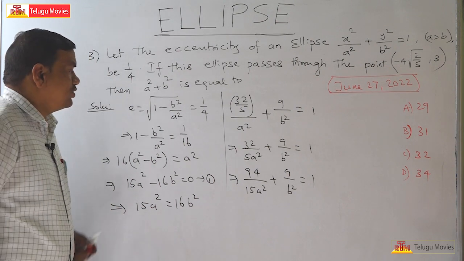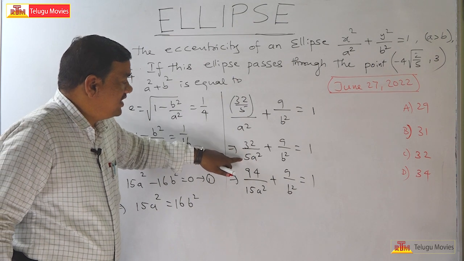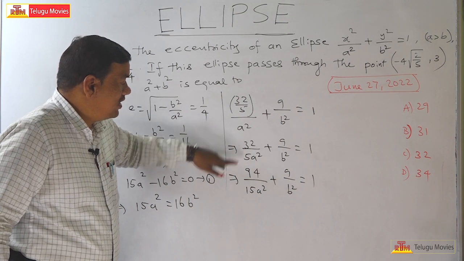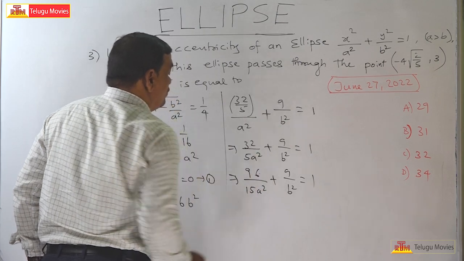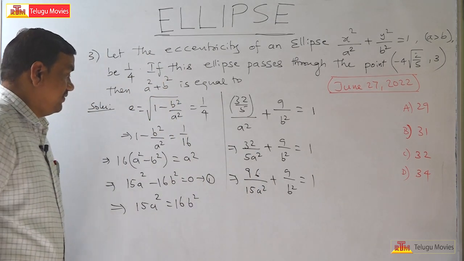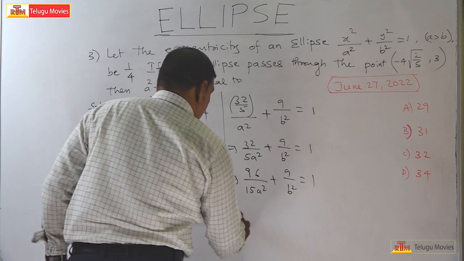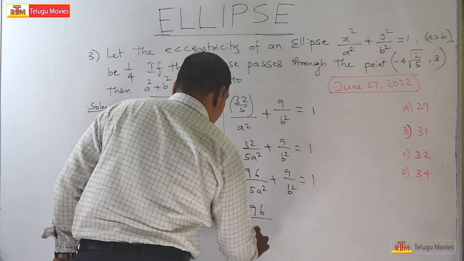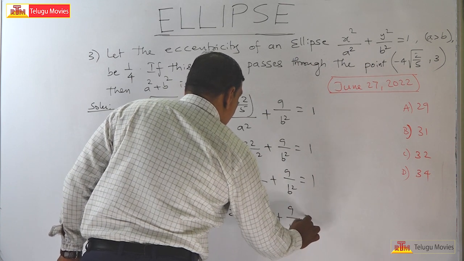I am doing it this way. 3 2s are 6, 3 6s are 18... 15a square is equal to 16b square, so this is 96 by 16b square plus 9 by b square is equal to 1.